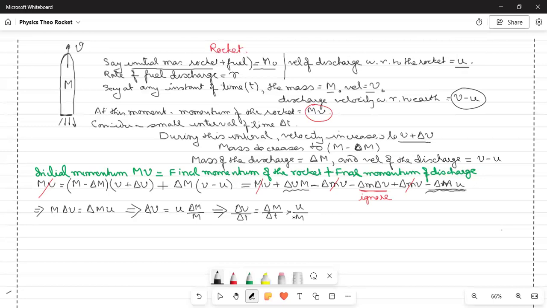Right? Now, this is equal to what is del m by del t? Del m by del t is equal to R. Since del M by del T means the rate of fall of mass of the rocket, it is actually R, the rate of fuel discharge.